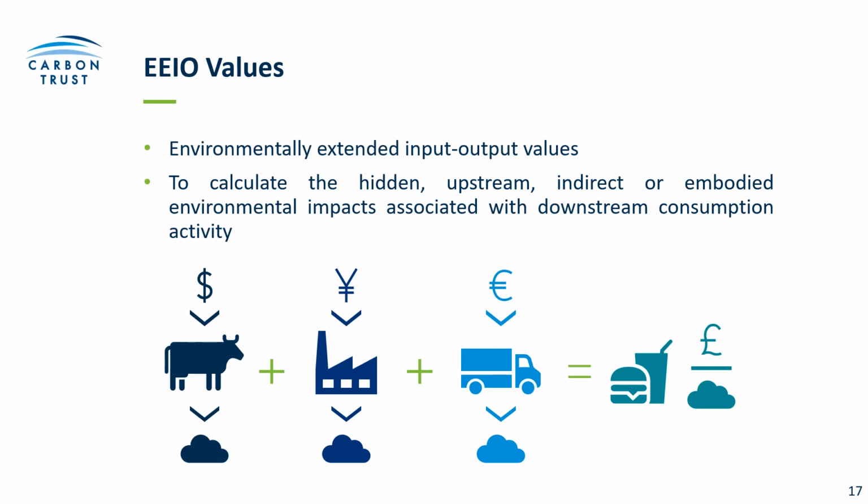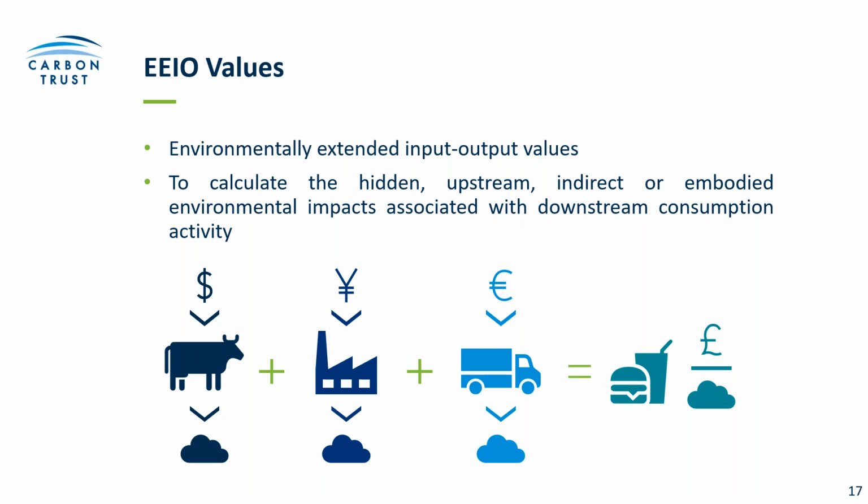So I've mentioned EIO emission factors a few times now, and I'd just like to take a very brief moment to describe them in a bit more detail. In essence, they capture the hidden upstream, indirect, or embodied emissions associated with the spend on a particular activity. As an example here, we look at how the EIO factor of the food and drink sector would be calculated. And each stage of the upstream life cycle of that food and drink is captured in terms of investment and emissions produced.